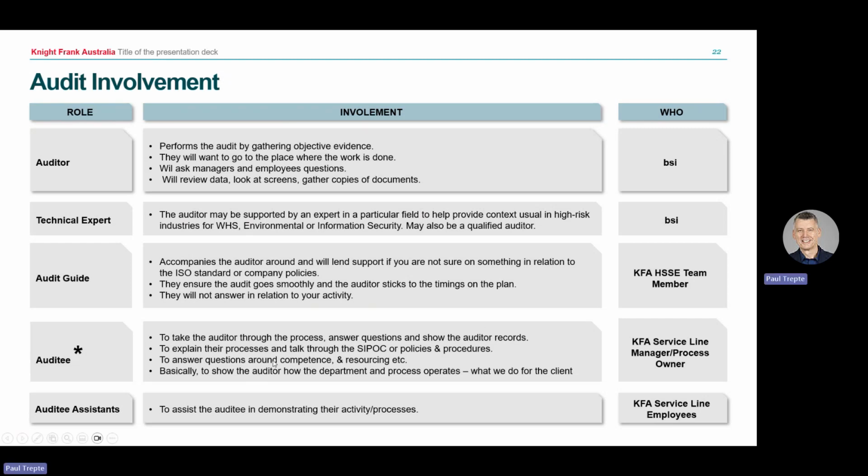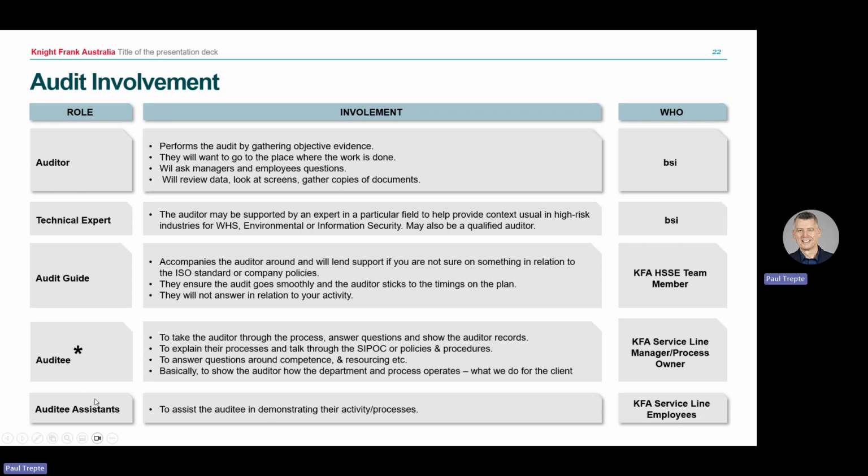Their involvement is to answer questions around competence and resourcing, etc., because the auditor may want to know, how do we determine whether we've got enough resource for that process? And basically to show the auditor how the department and process operates, what we do for our clients.